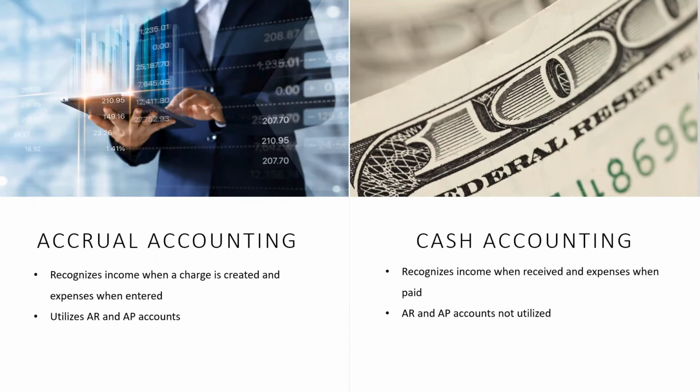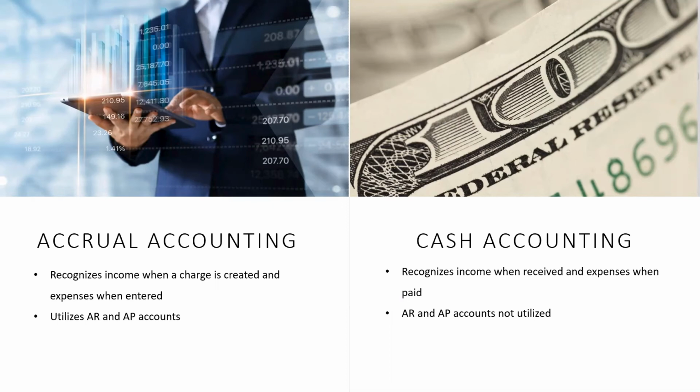The next option is cash accounting. Cash accounting only recognizes income when it is received and expenses when it is paid. If we stick with our same example of charging a resident rent, with cash accounting, we are not recognizing income until the payment is received from the tenant.